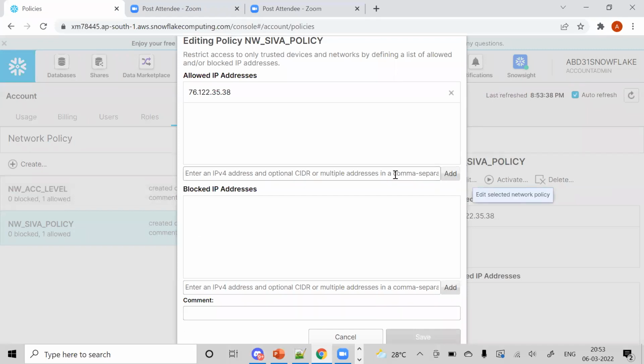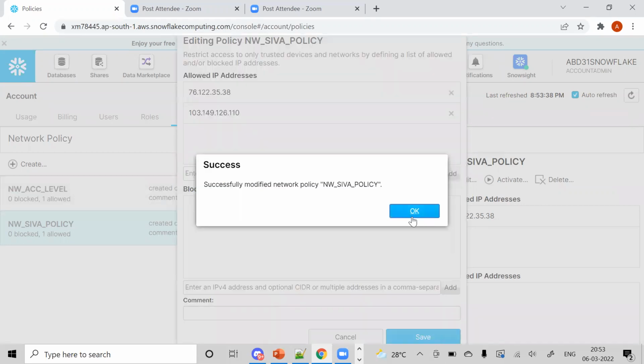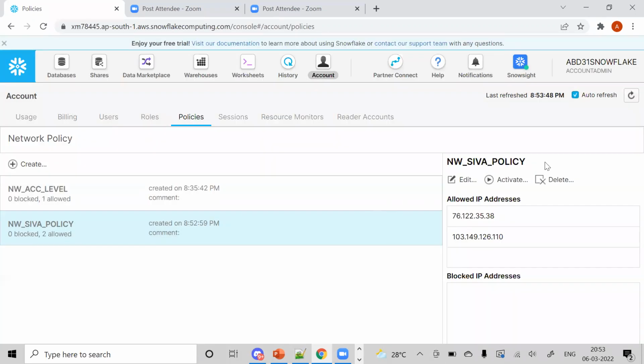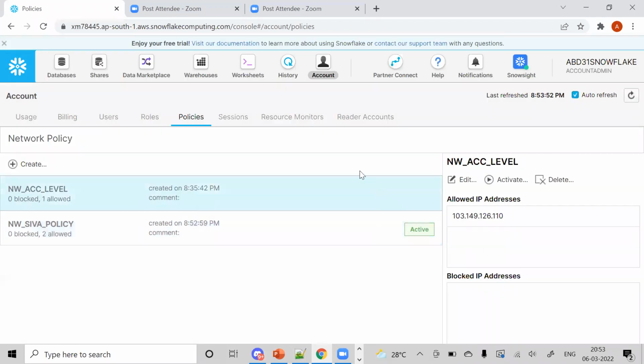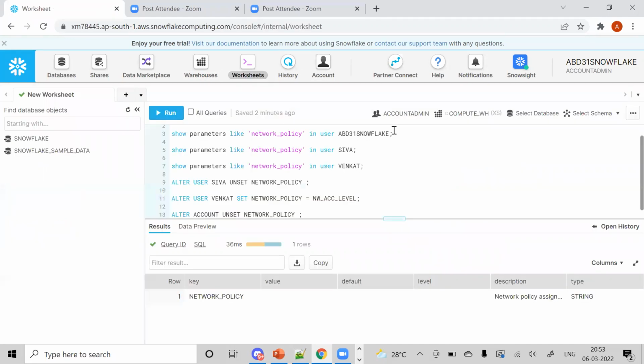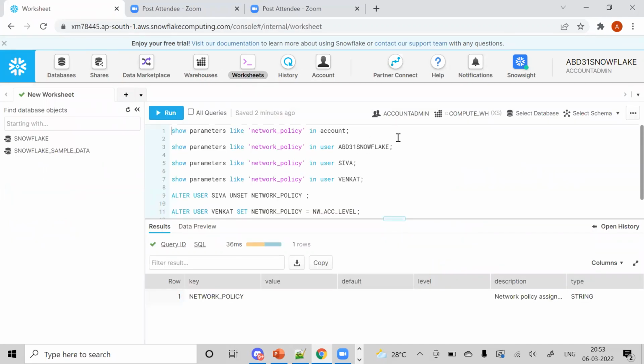From the machine that you create it on, you always have to include your own IP address. So let me activate it. This is activated. So at the account level, it is activated. You will see Shiva policy right now is at the account level.